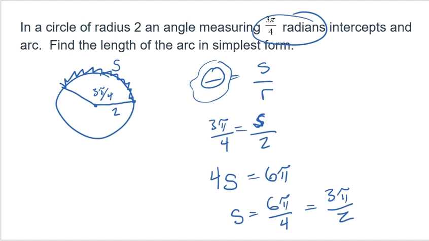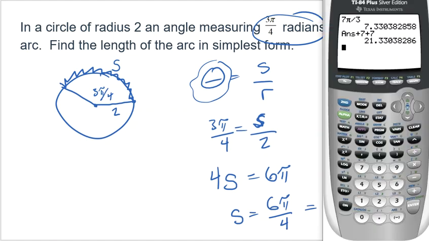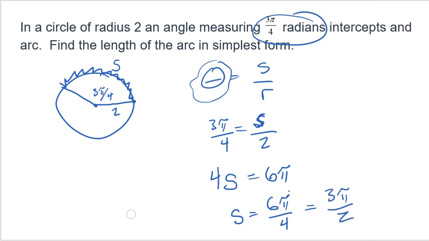Now this is a length, so I like exact answers, so obviously the exact answer is 3 pi over 2. But you could certainly type this into your calculator if you want to get an approximation. 3 pi over 2 is about 4.71. So this is approximately 4.71. But this right here would be the exact answer in simplest form.